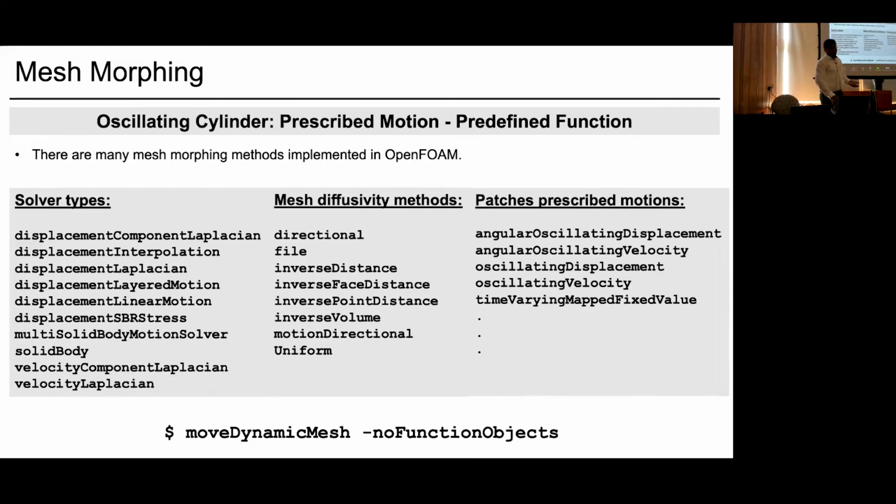So those kinds of capabilities are also possible. And this is the syntax for running a case if you don't want to really solve the problem, but want to see how the dynamic mesh behaves, and whether the mesh quality is within the threshold that you have prescribed. You can just apply moveDynamicMesh with no function object. Then you will be able to see how the mesh moves.